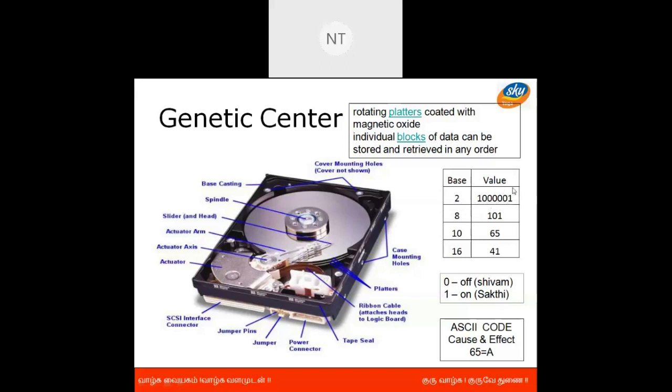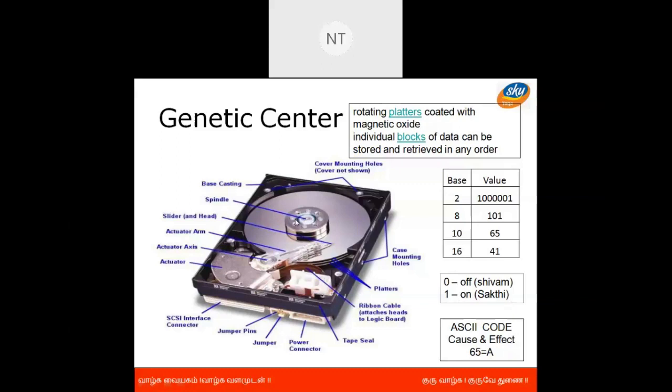This is what we call a binary number, which means the computer knows only one thing, either 0 or 1. 0 stands for Shivam, 1 stands for Shakti. It's a static force, and this is a dynamic force. So with this 0 and 1 only, we are doing all the activity through the computer.